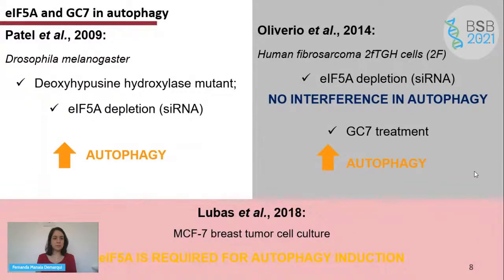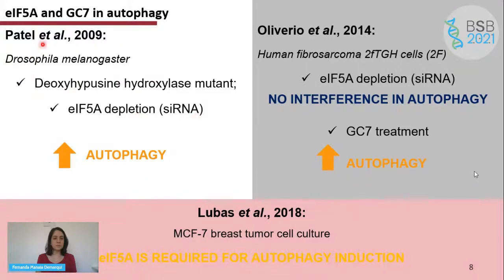The involvement of eIF5A and DC7 in autophagy is not clear by now. Their roles have been postulated as really controversial.